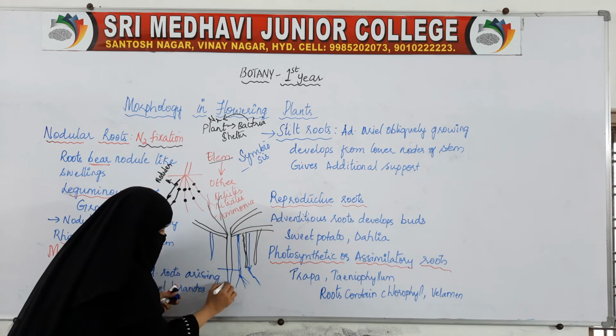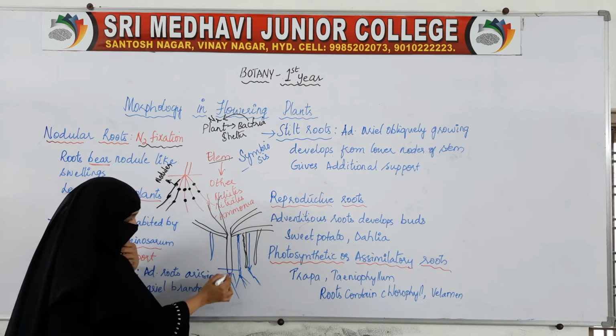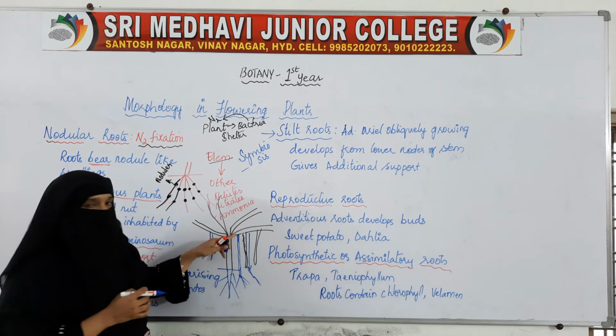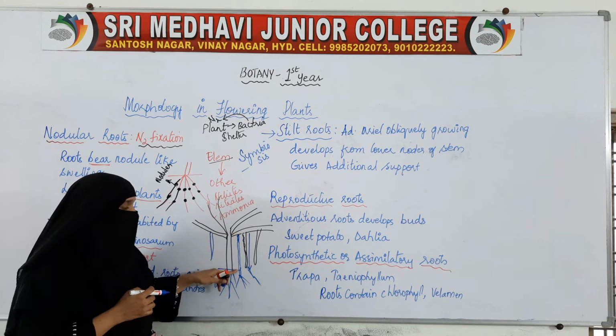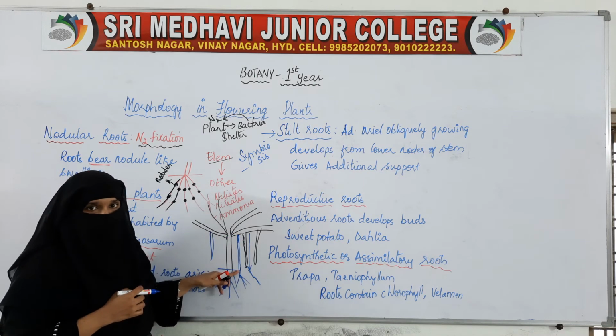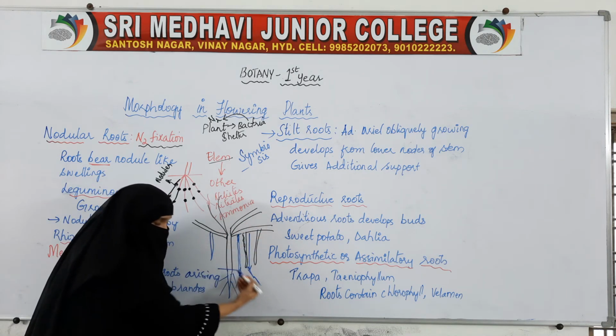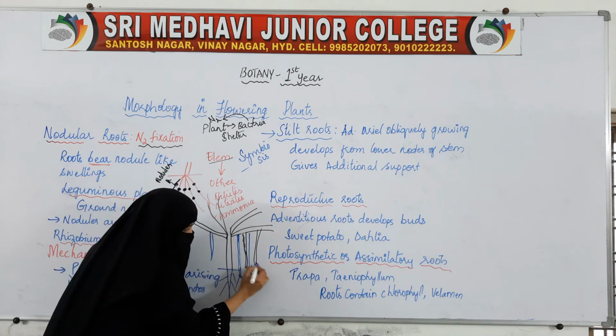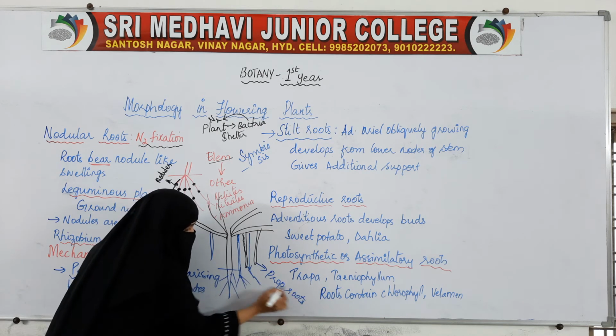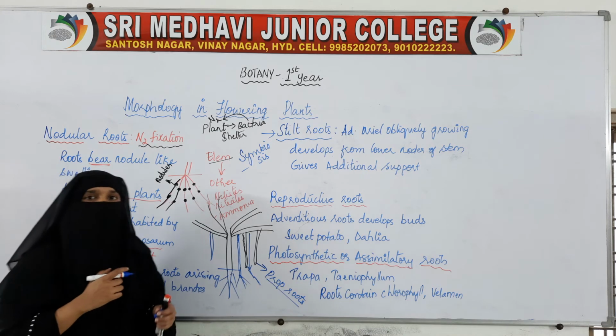Apart from this main root, some roots are arising from the branches of this tree and growing towards the soil. So these ones are called the prop roots.